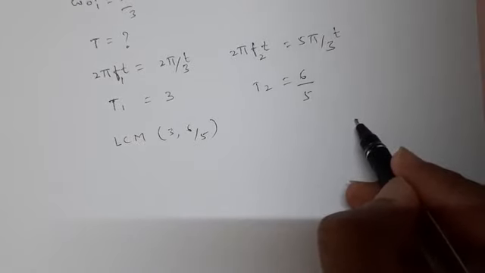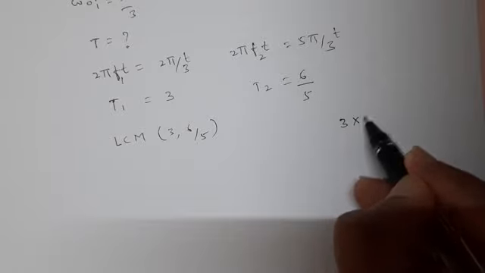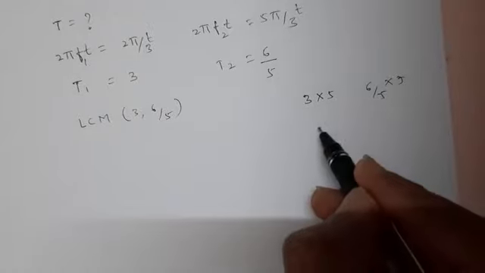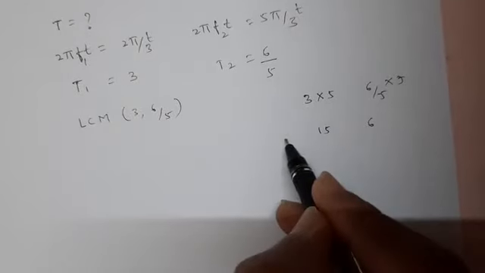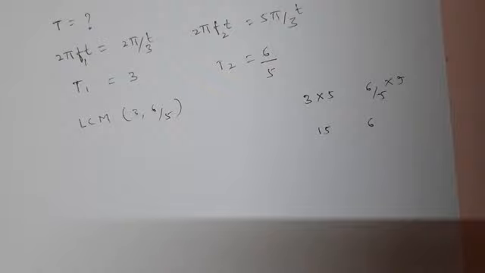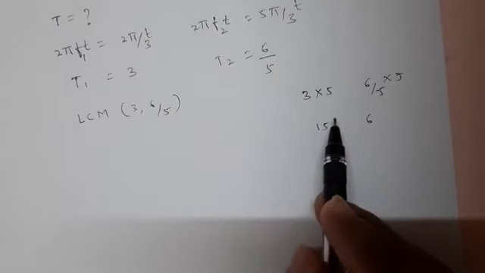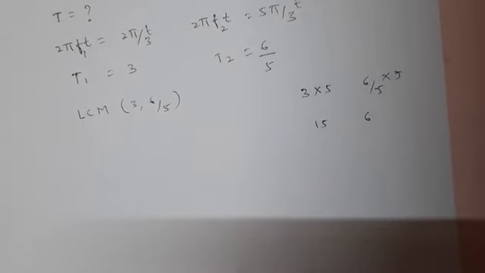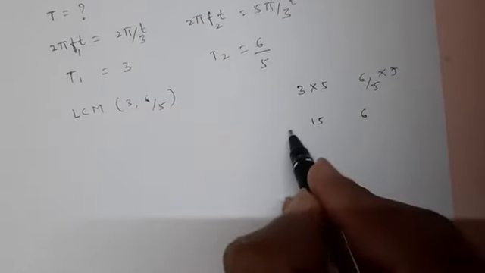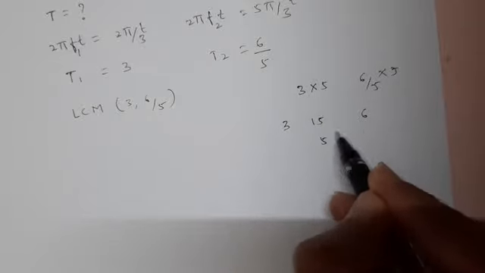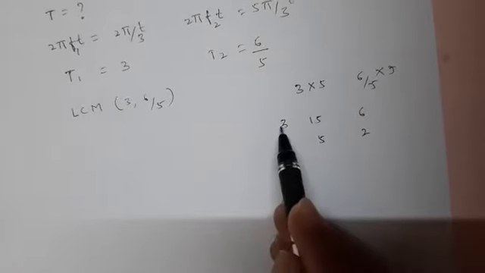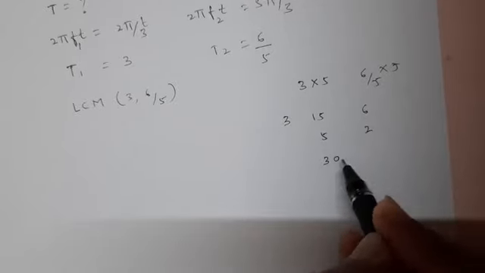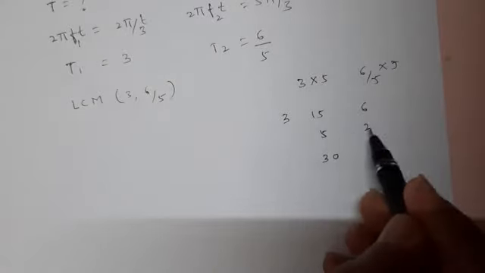So 3 into 5 is 15, and 6 by 5 into the compensating factor 5 is 6. So the LCM of 15 and 6, am I right? 15 into 2, 30 is your LCM.